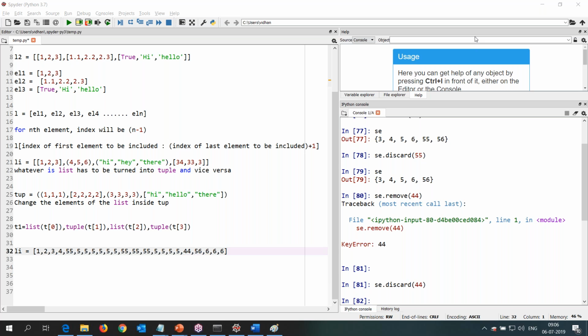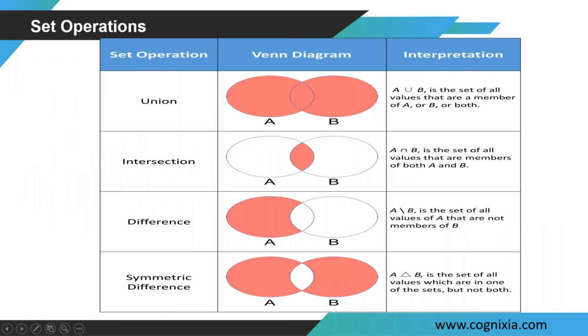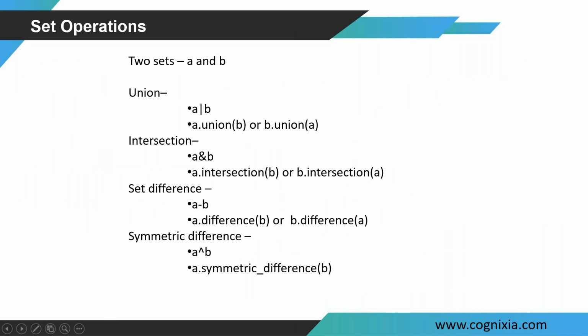So that is your set. See more things here. These are the methods. Union is pipe or a.union or b.union. Intersection is a.intersection or b.intersection. Set difference is a.difference. Symmetric difference is symmetric_difference.